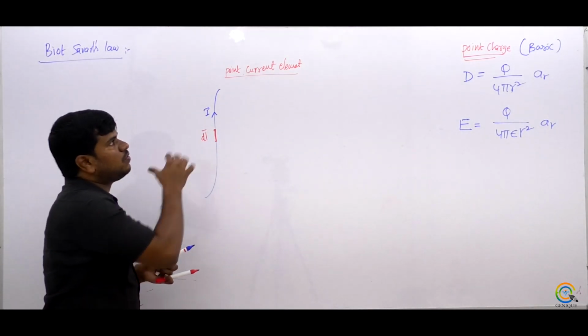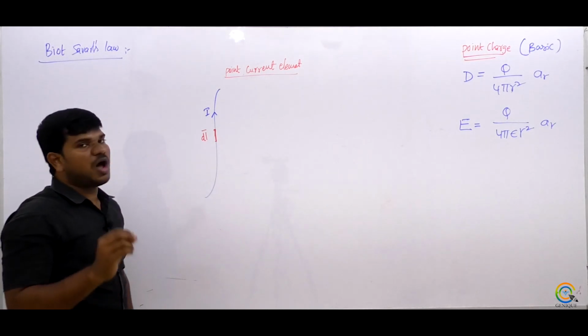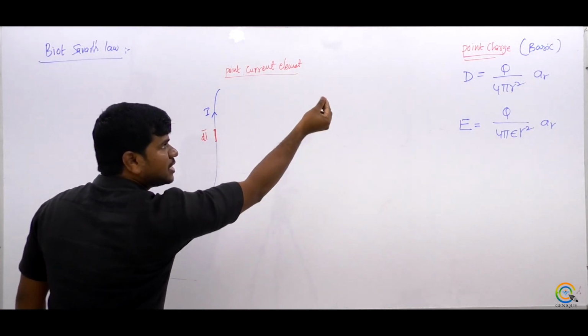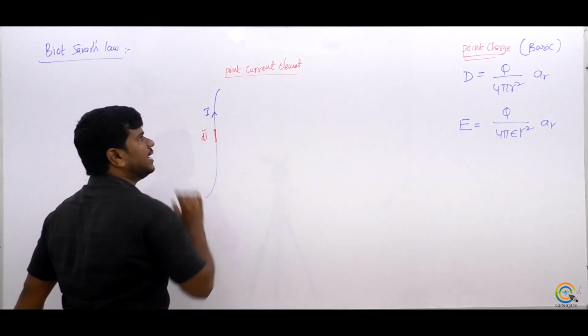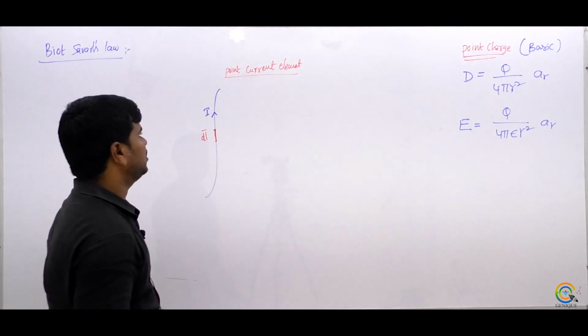So now I have taken the small current element, which is similar to that, but it is a current carrying element, whereas that is a point stationary charge.